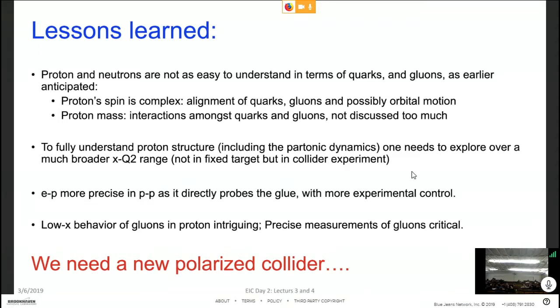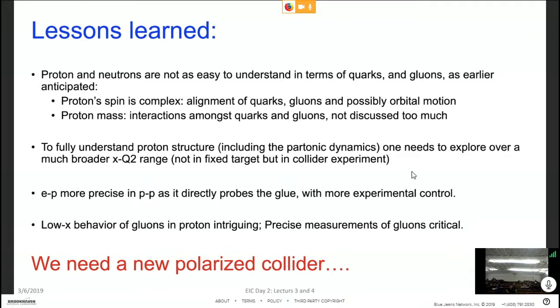The energy of that dynamics that happens inside the proton, as I alluded to before, is also the reason for the proton mass being so high compared to the bare, constituent quark mass. To fully understand the proton structure, including its spin, we need to go beyond the x q squared. For the reason that I told you before, we have to go to a region where gluon dominates the QCD landscape. Only then can we measure its spin.